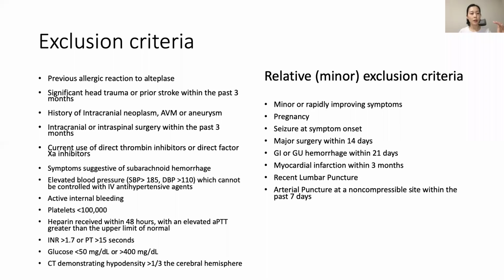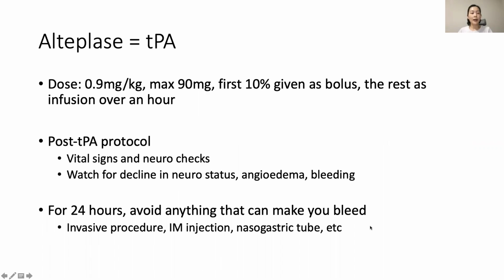And we very quickly review these criteria with the family member or with the patient if it's possible, and then we give TPA if we can. The dose is 0.9 mg per kg, maximum 90 mgs, first 10% given as a bolus over a minute, and then the rest given as an infusion over an hour.